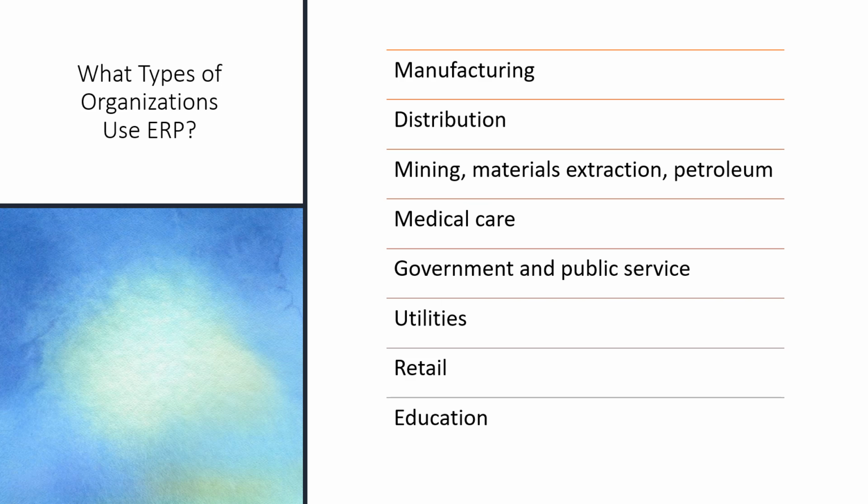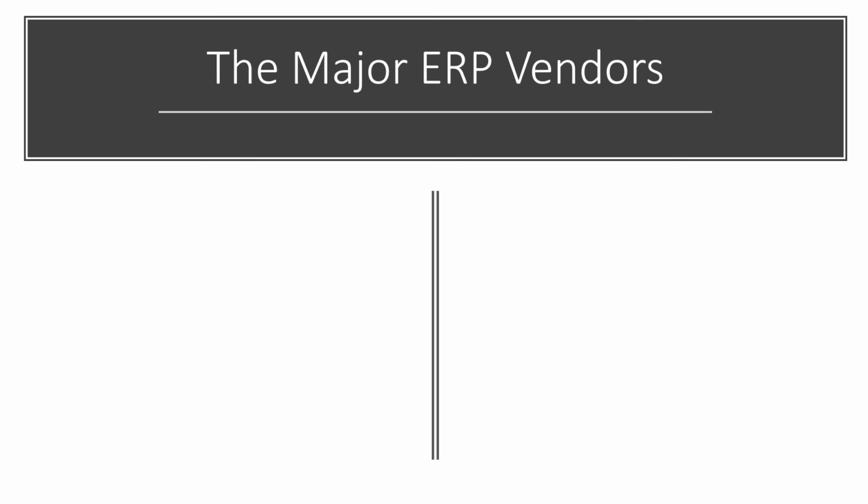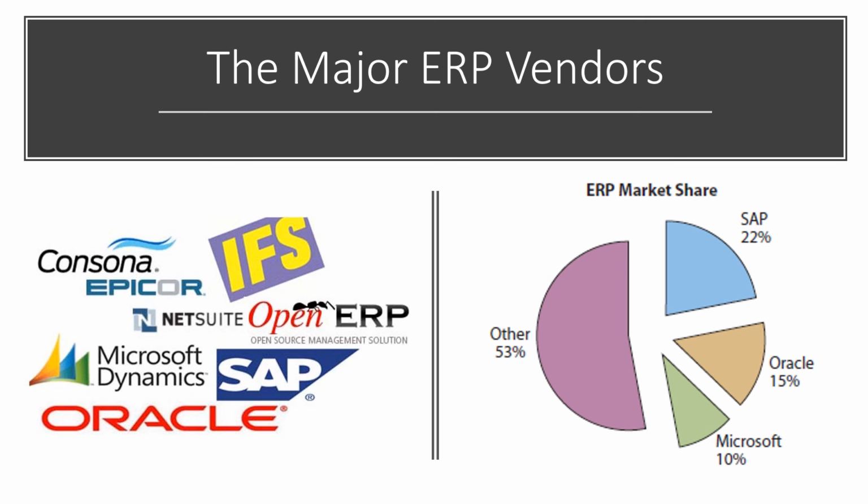I have seen multiple ERP systems that have touched on specifically those types of businesses and the processes that go along with those businesses. This slide here is meant to show how the smaller niche ERP systems only make up about 53% of the entire market share. SAP is the dominant leader, with Oracle and Microsoft following behind.